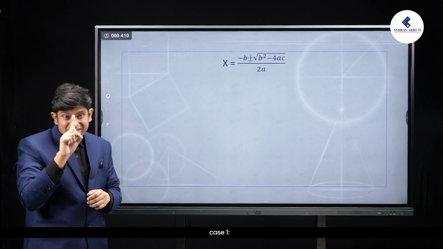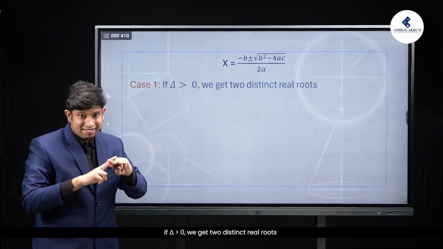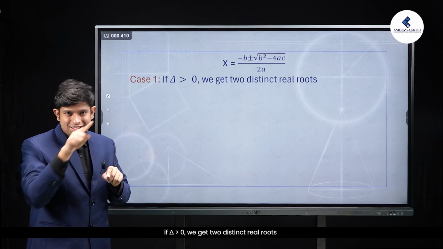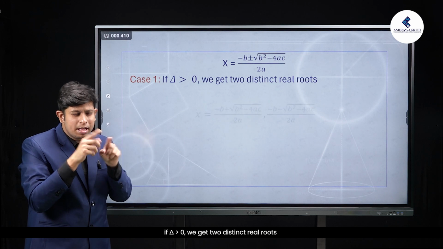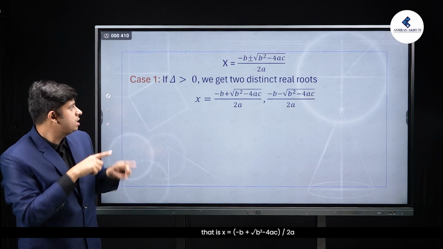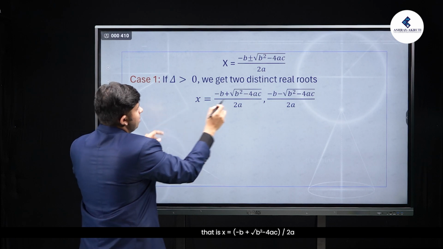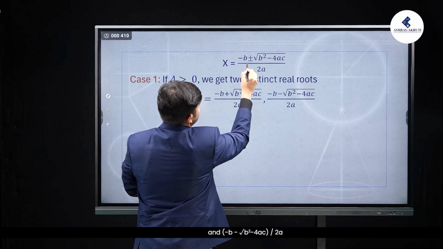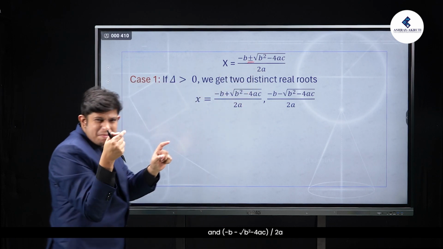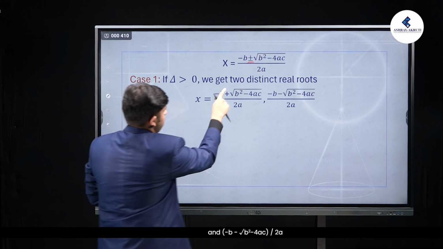Case 1. If delta greater than 0, we get two distinct real roots, that is x equal to minus b plus under root b square minus 4ac by 2a and minus b minus under root b square minus 4ac by 2a.